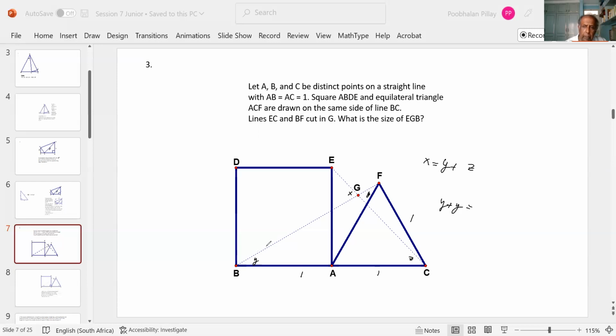So it's equal to that angle there. But remember, you have an equilateral triangle, so we know what this angle is. It's 60 degrees. So 2Y is 60 degrees, so Y must be 30 degrees. So I can replace this Y by 30 degrees.